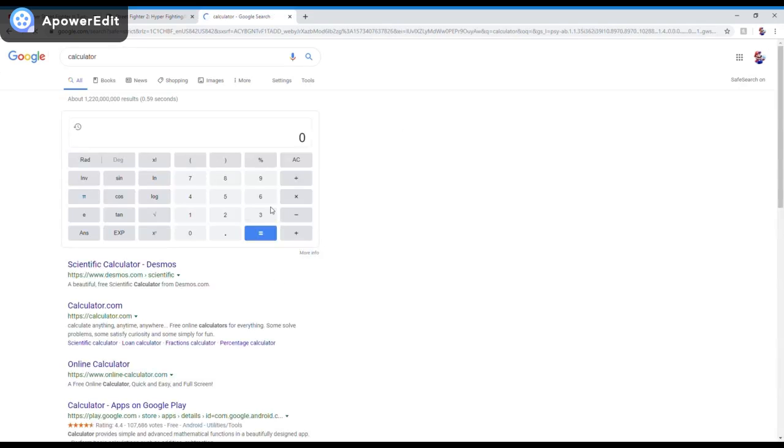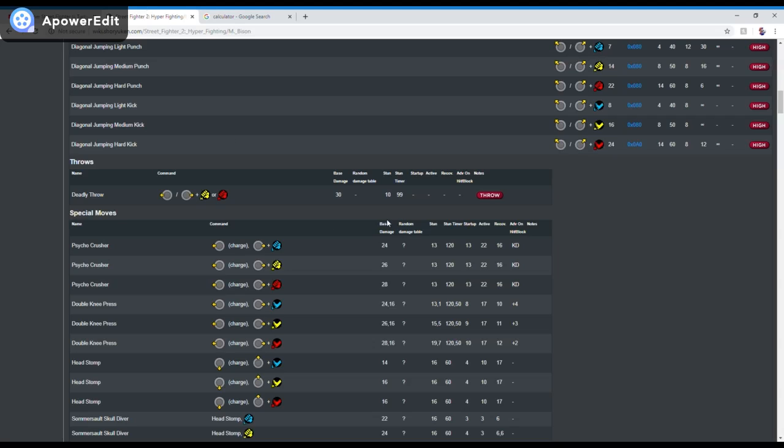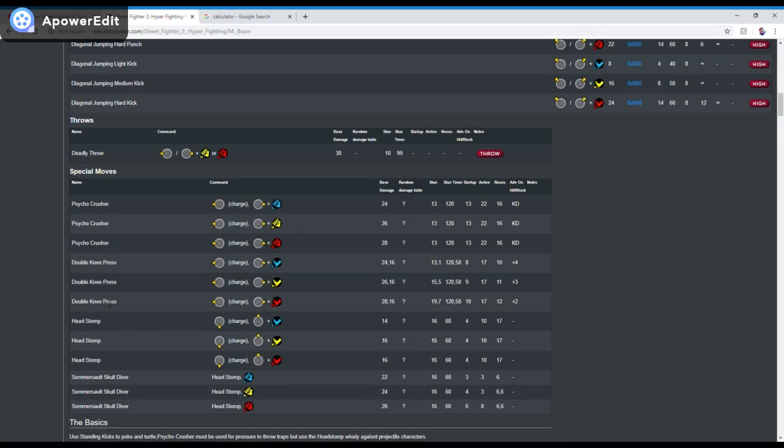That's 70 inches tall, right? Multiply by 2.37, 165.9. And his knee press, or his scissor kicks, is active for 17 frames.